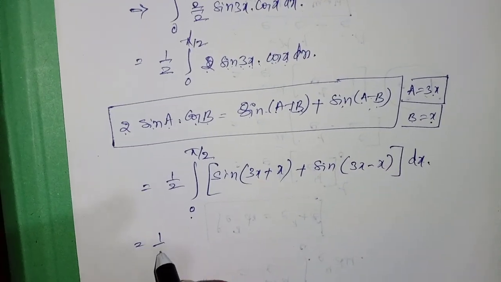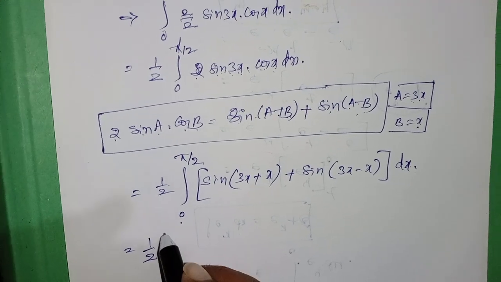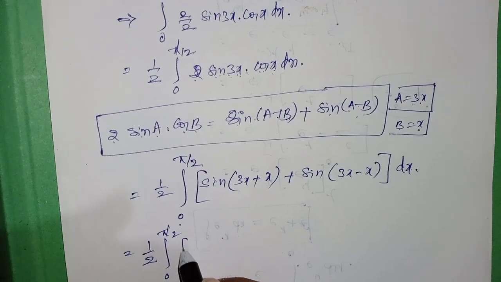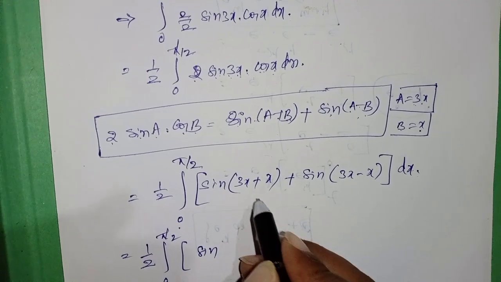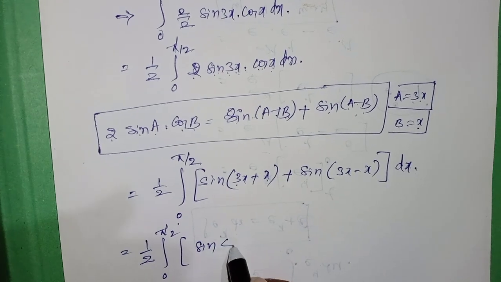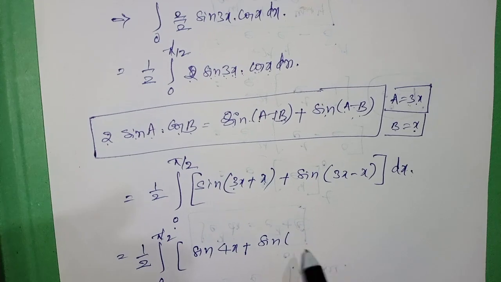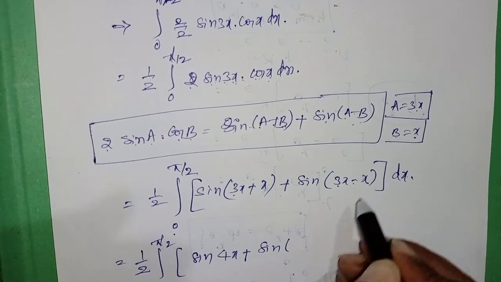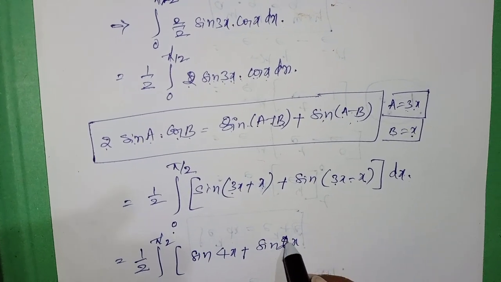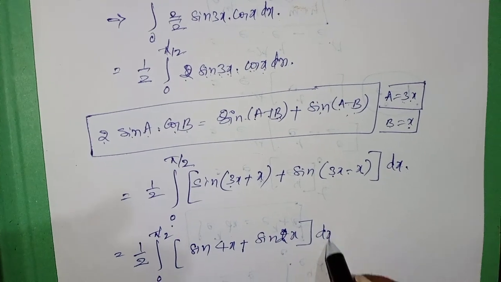That is equal to 1 by 2 into integral 0 to pi by 2 of sine of 3x plus x, this is 4x, plus sine of 3x minus x, this is 2x, into dx.